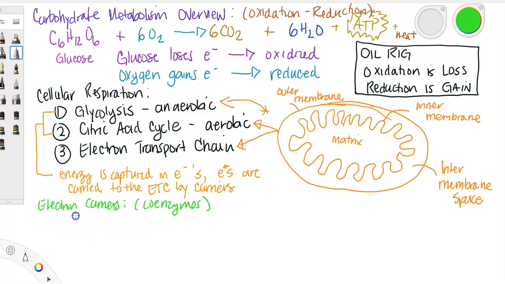There is NAD, which is called nicotinamide adenine dinucleotide, and it comes from the B vitamin niacin.